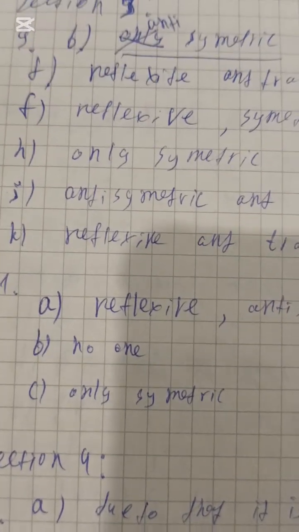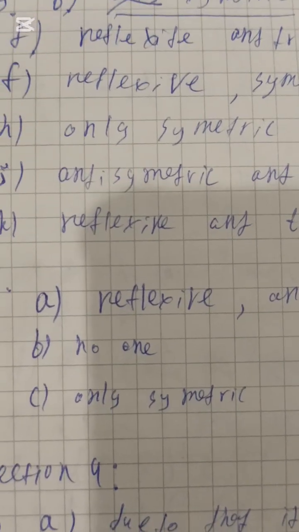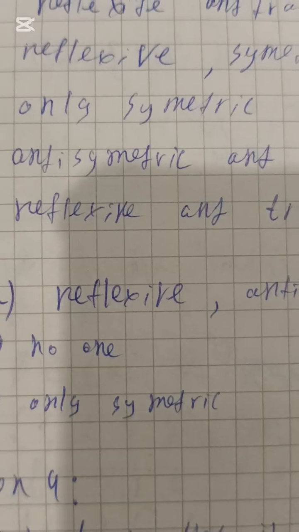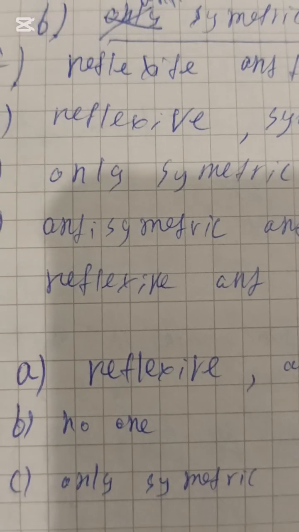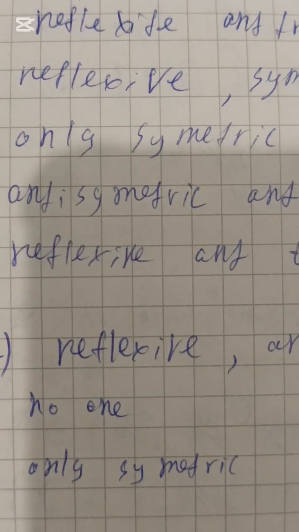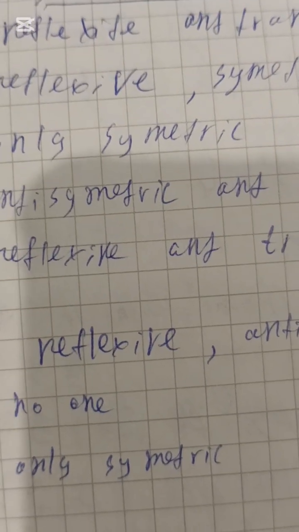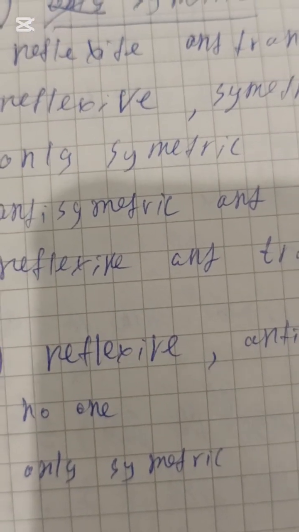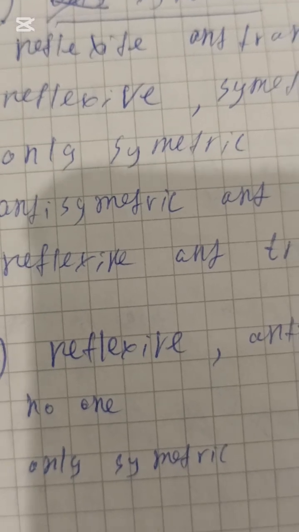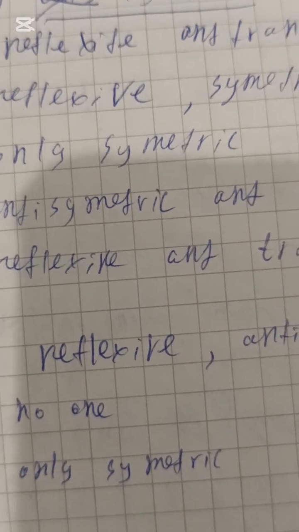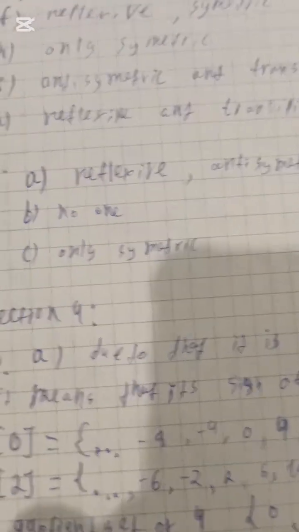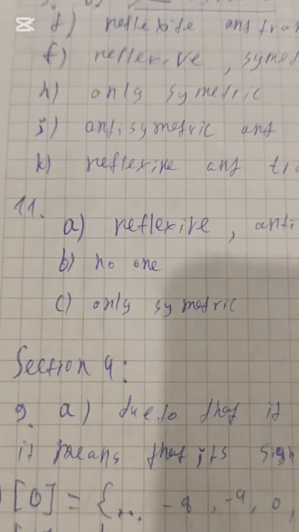And in the B it is none, because X and Y is in R if and only if X is equal or a subset, but not equal to Y. So there are no elements that show it correctly.